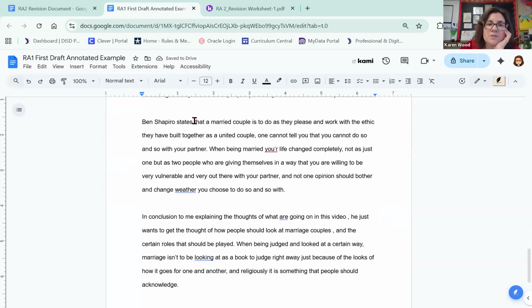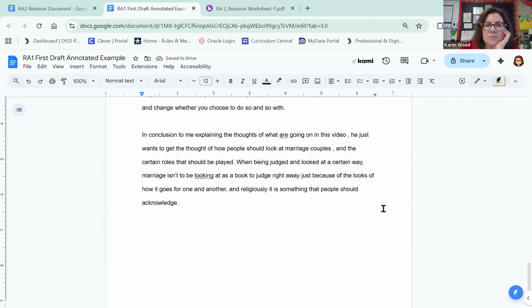Ben Shapiro states that married couple is to do as they please and work within the ethic they have built as a united couple. One cannot tell you that you cannot do so and so with your partner. When being married, your life changed completely, not as just one, but as two people who are giving themselves in a way that you are willing to be very, very vulnerable and very out there with your partner. And not one opinion should bother and change whether you choose to do so and so with.